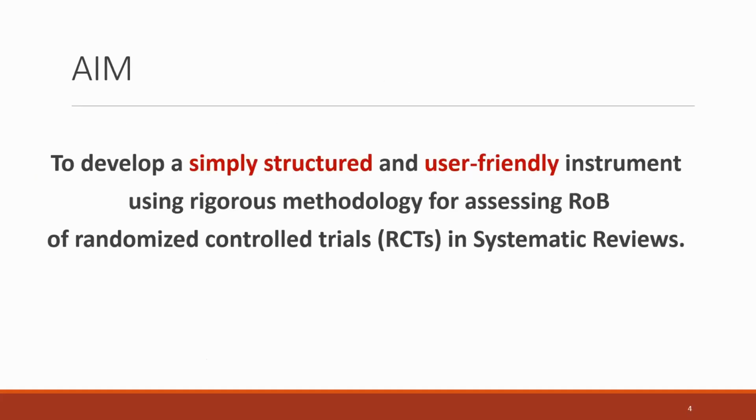So that's why we thought, okay, although it is quite an effort, why not develop a more simply structured, user-friendly instrument, still using rigorous methodology for assessing risk of bias of randomized controlled trials in systematic reviews.